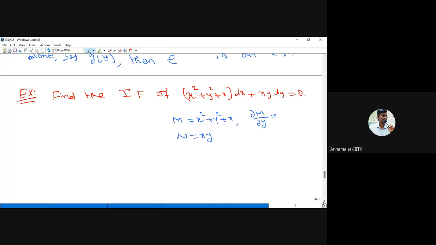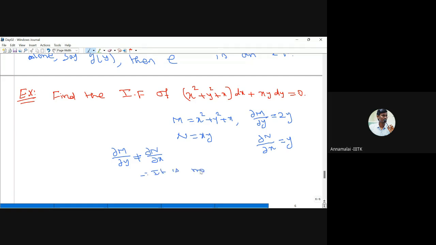To differentiate with respect to y, you get 2y, because only the y square term contributes, all others are 0. If you differentiate N with respect to x partially, you will get just y. Therefore 2y is not equal to y. Therefore ∂M/∂y is not equal to ∂N/∂x. Therefore it is not exact.